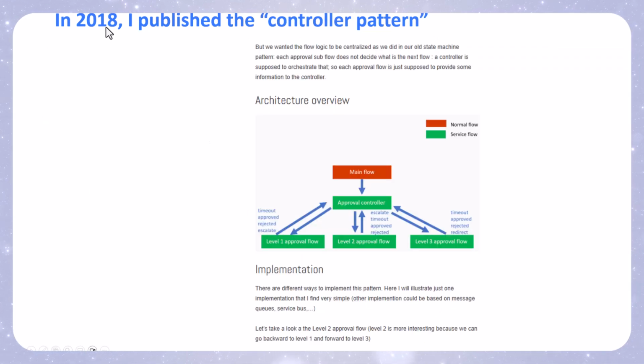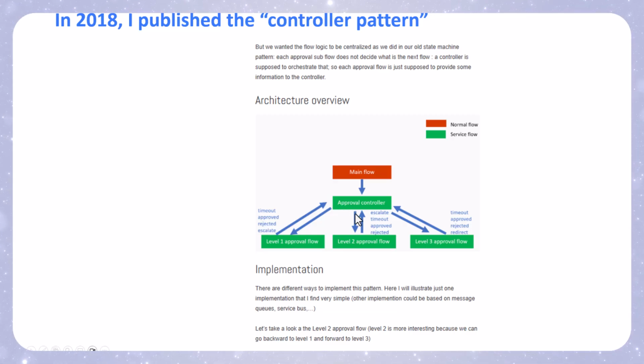So in 2018, I published a pattern that I called a controller pattern, where you have the main flow, and the main flow calls a child flow, actually an independent flow called approver controller, which sends the approval request to another flow, level 1, and receives the answer.